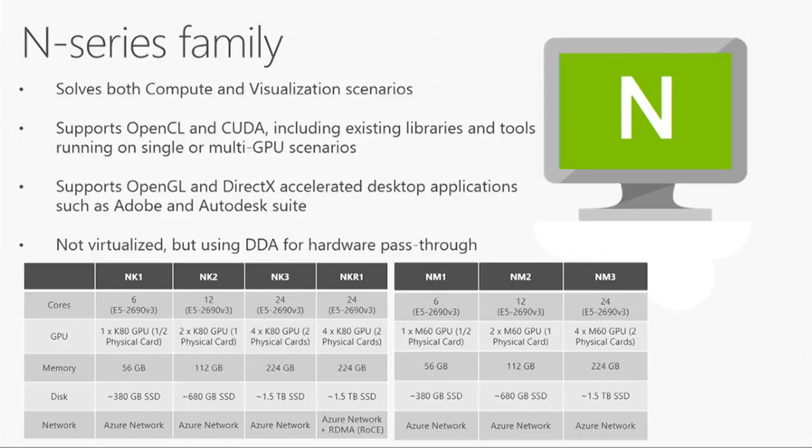So one important point about these GPUs is the way we're bringing them up in a VM. We're not virtualizing these GPUs today, or the functions of these GPUs, but essentially we're going to be using a capability called DDA, Discrete Device Assignment. This is part of our Hyper-V suite inside Windows Server 2016, where essentially we're going to be doing a hardware pass-through for a PCIe device.